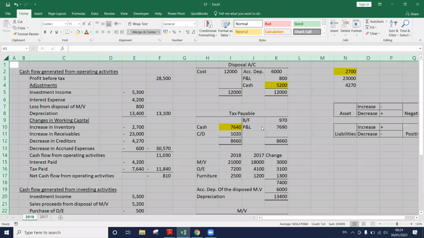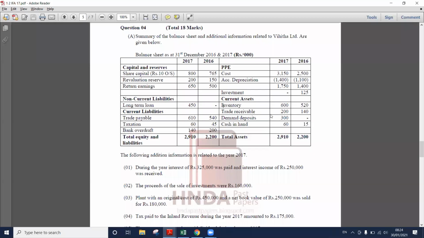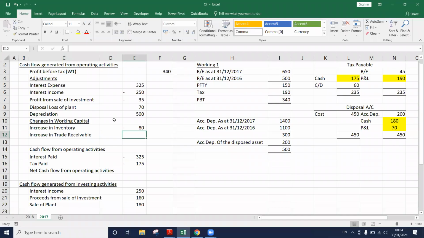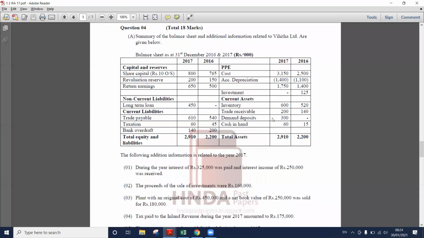Then trade receivables. Again, there is an increase of 60. Increase in trade receivable. Increase by 60. It means we need to deduct 60. Demand deposit is also a cash equivalent and cash. Those figures we are not going to consider here. Then current liabilities. Right? Trade payables.